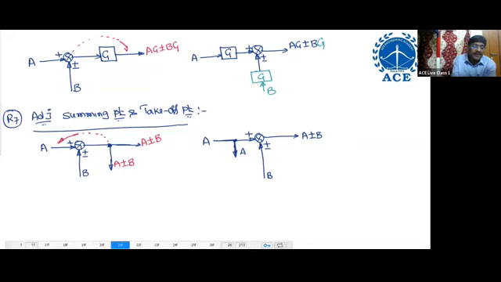We require an additional summing point. Plus or minus is possible with a summing point only. Additional summing point and the signal of B, that is plus or minus. Then what is the output here now?